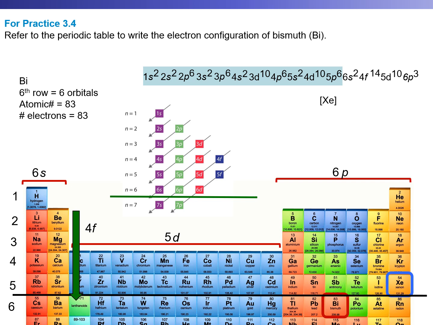So we could substitute all of this and just write xenon and then set about filling out row 6. And row 6 would be 6s2. Here's our f, 4f14, our 5d10, and then our 6p, 1, 2, 3. There you go. So that's how you do something complicated like bismuth.